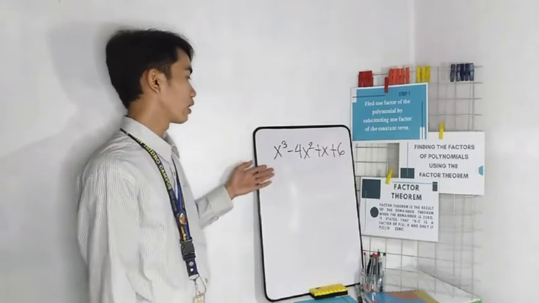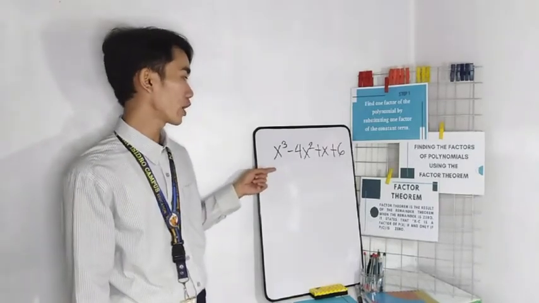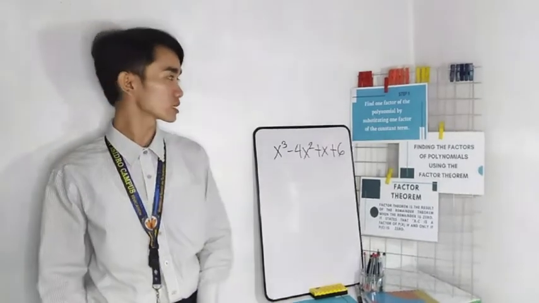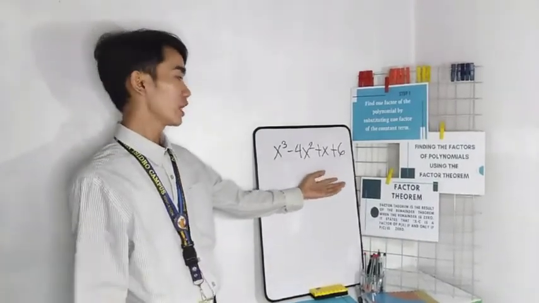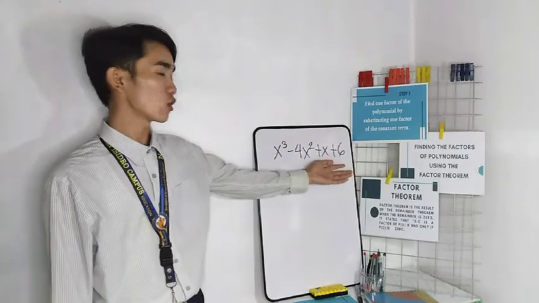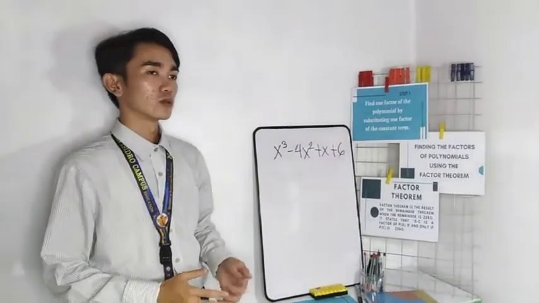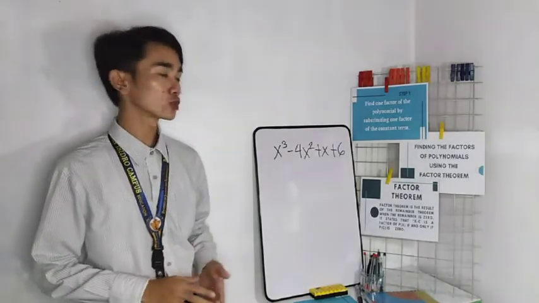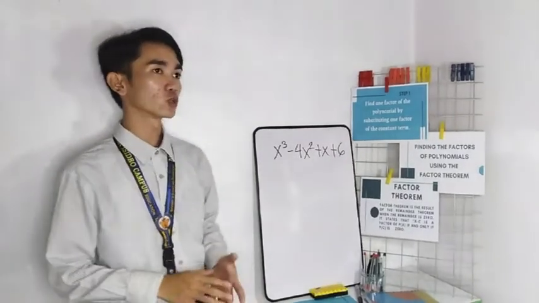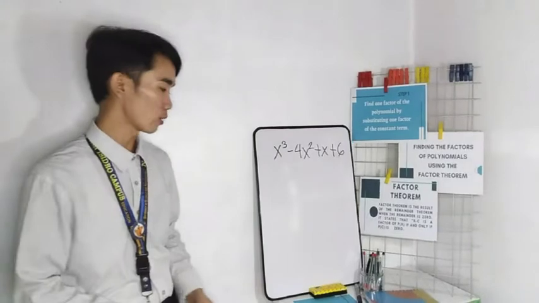We have x cubed minus 4x squared plus x plus 6. And the constant term here is, yes, positive 6 or 6.